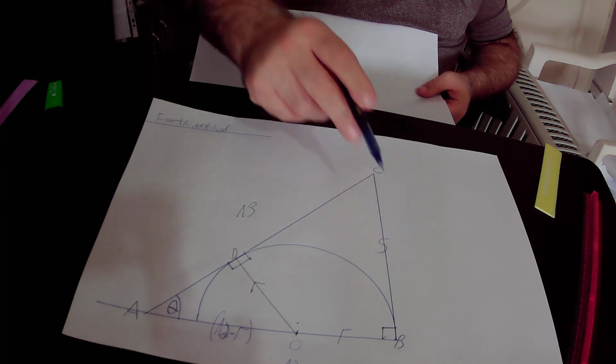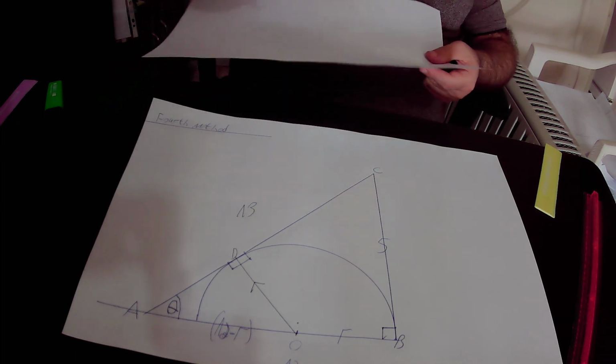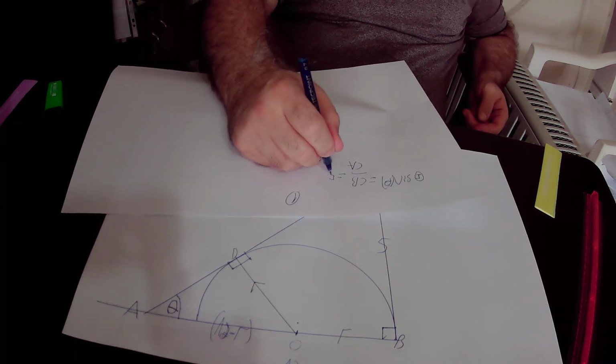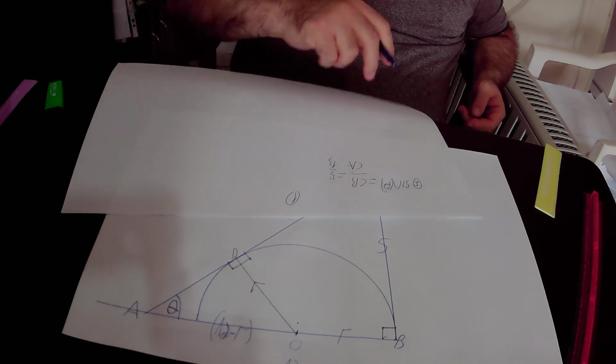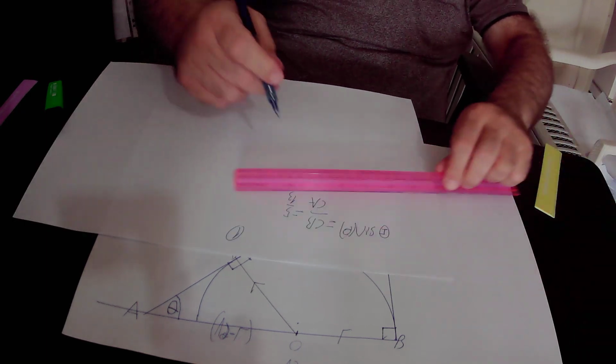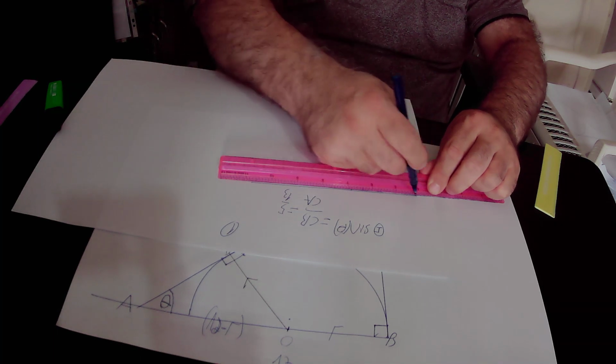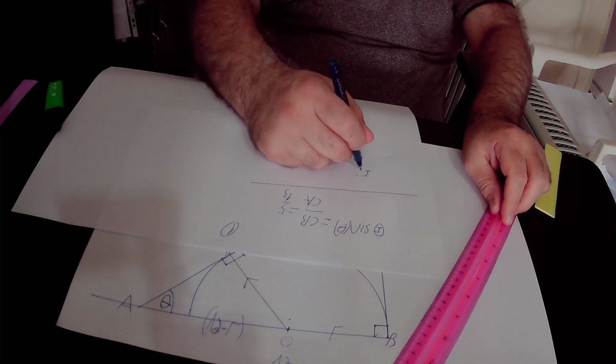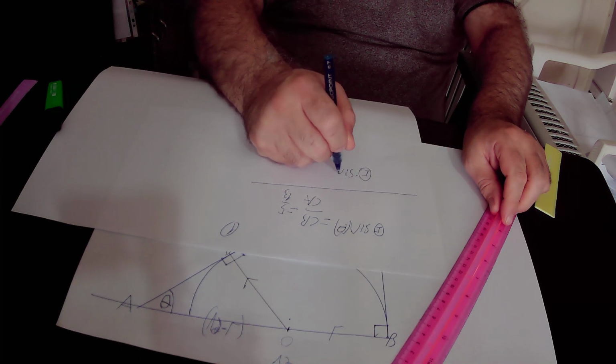CB equals 5 units and CA equals 13 units. So in conclusion, we found out that sine theta, according to equation 1, is equal to 5 over 13.